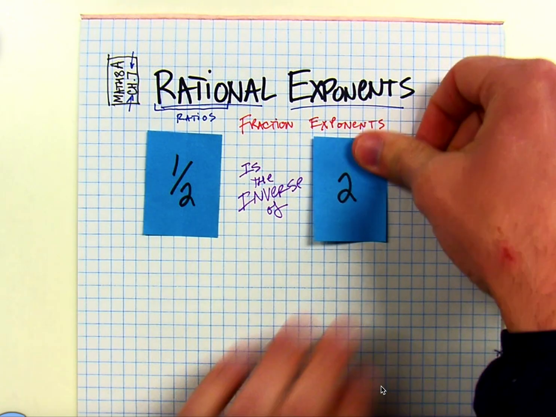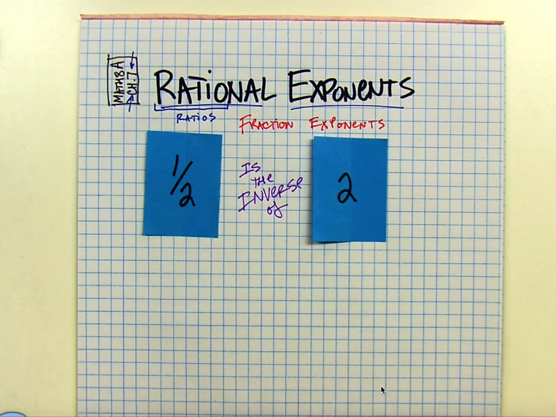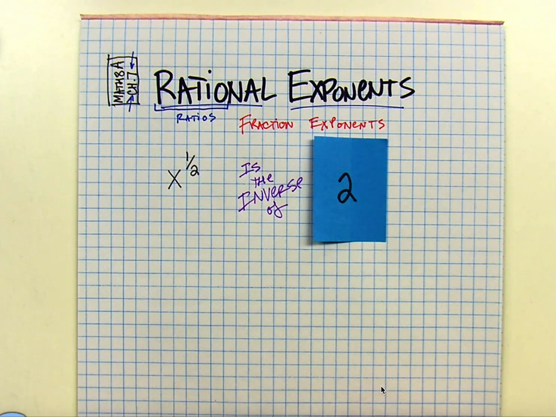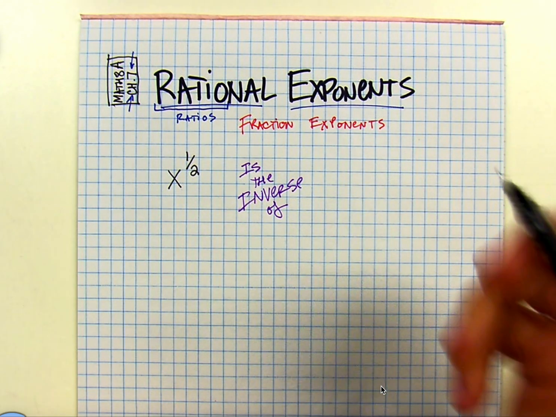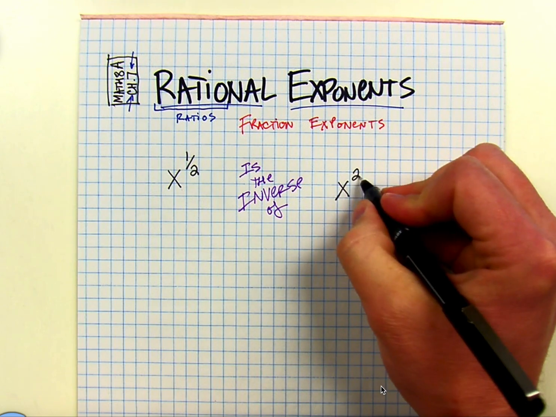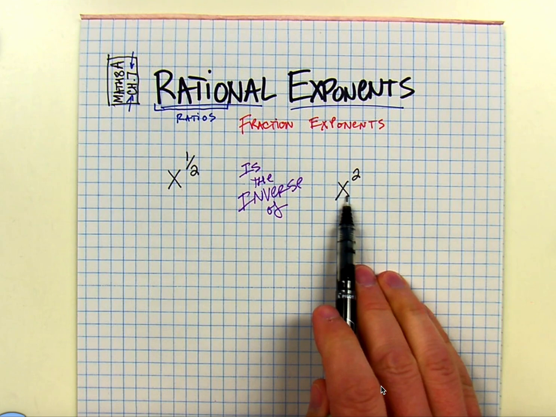Well, it would be 2/1 instead of 1/2. So 1/2 is the inverse of 2, okay? That might help us figure out what x to the 1/2 means, because it's the inverse of if the exponent was a 2. X to the 1/2 is the inverse of x squared.